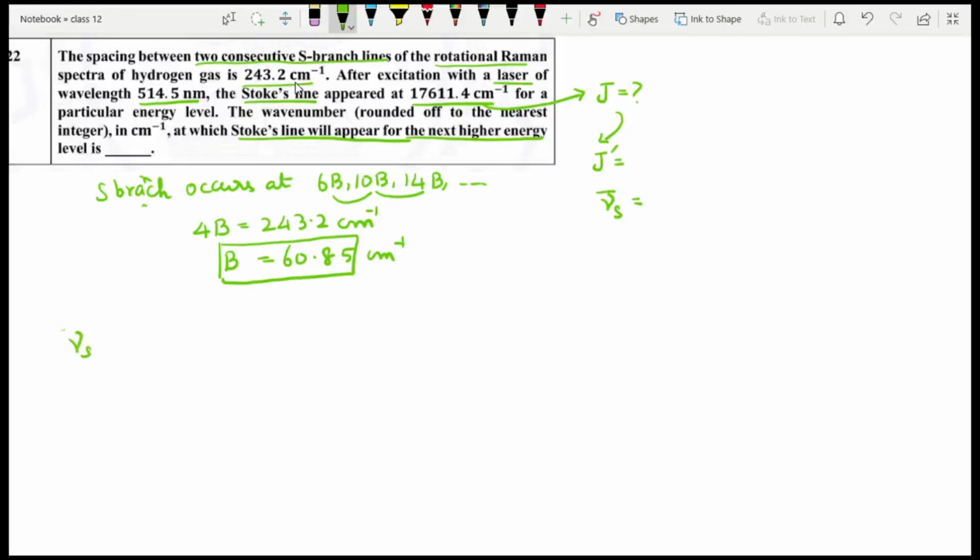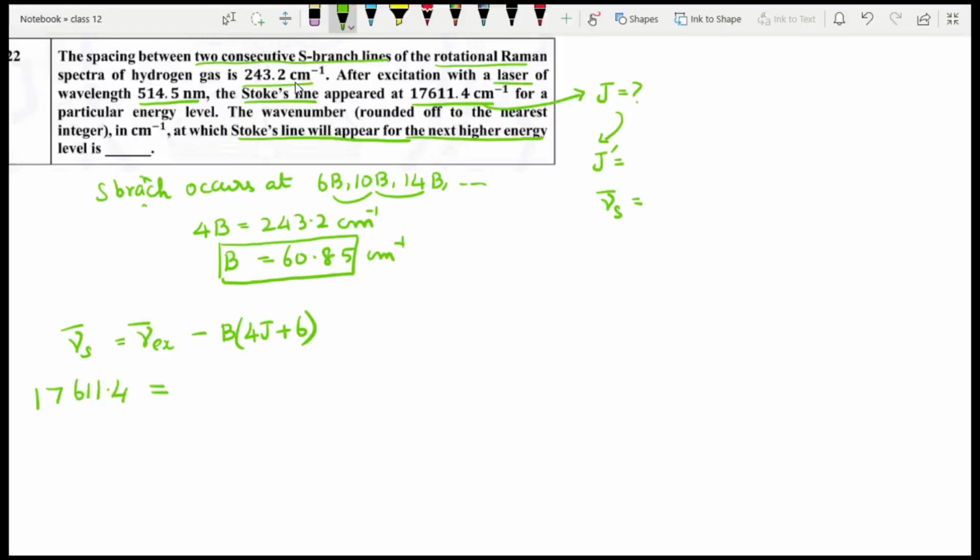The Stokes line is given by the excitation wave number minus B into (4J + 6). This value is given as 17611.4.